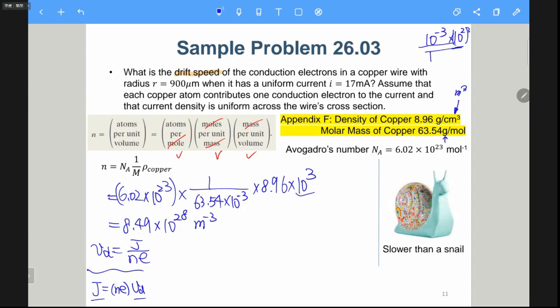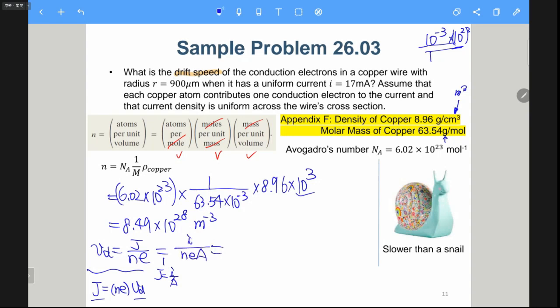J is, so here we have J equals I over A. So we have I over nEA.